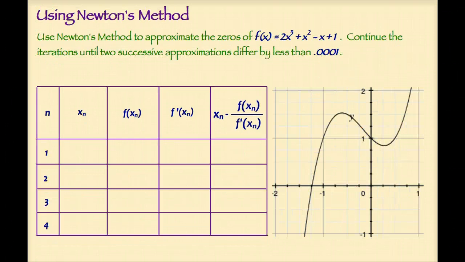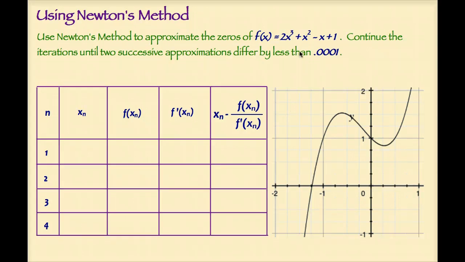In this last example, we're going to use Newton's method to approximate the zeros of f of x equals 2x cubed plus x squared minus x plus 1. Continue the iterations until 2 successive approximations differ by less than 1/10,000th. So in this problem, they're not telling us how many iterations they want us to complete, and they're not giving us the initial first guess.